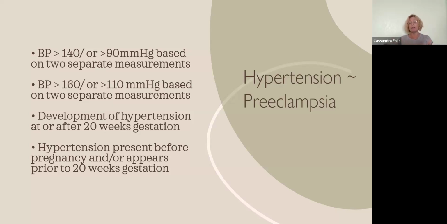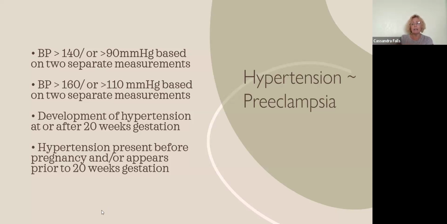If you have a morning appointment, bring them back later in the day, or bring them back the next day and get another reading to make sure that their blood pressure wasn't just elevated as an incidental finding, and then it is staying up. So again, it's important that it's two separate measurements elevated to that criteria at least 4 hours apart or more.